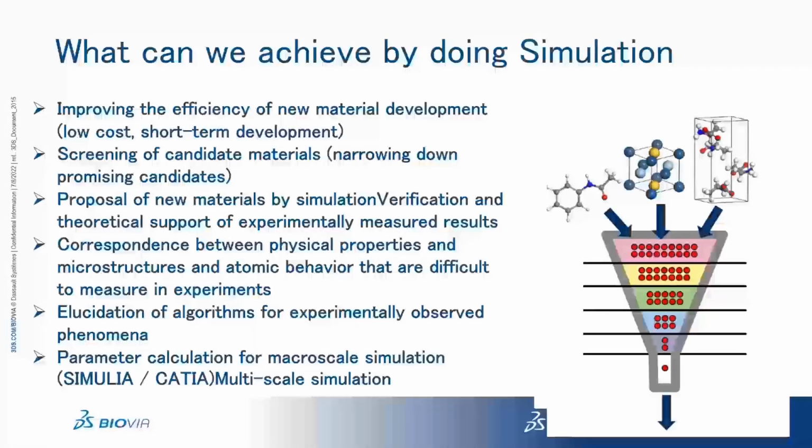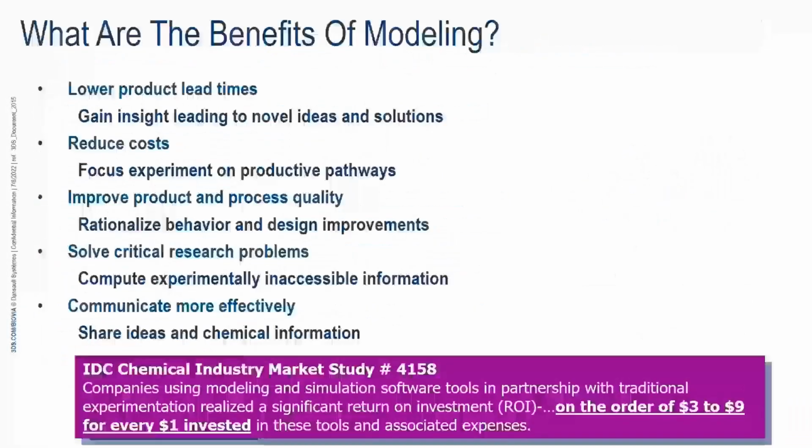That sort of connection will give me a more reasonable value for a larger system. Okay. So the basic idea is that it lowers product lead times, it reduces cost, it improves the process quality, it solves critical research problems.